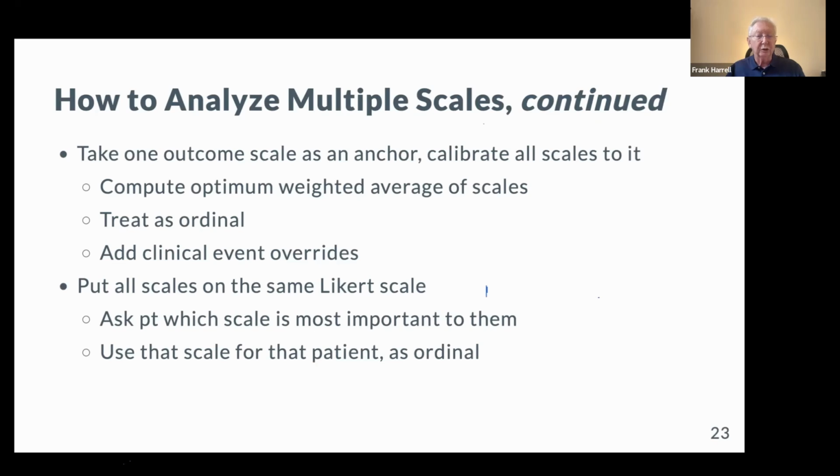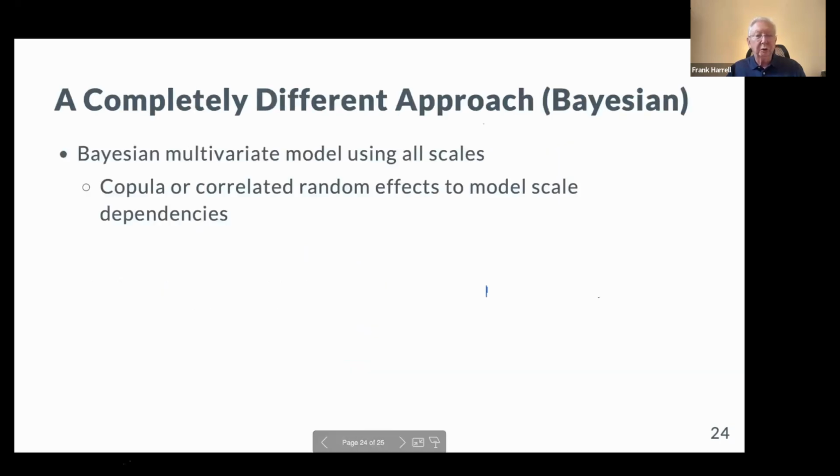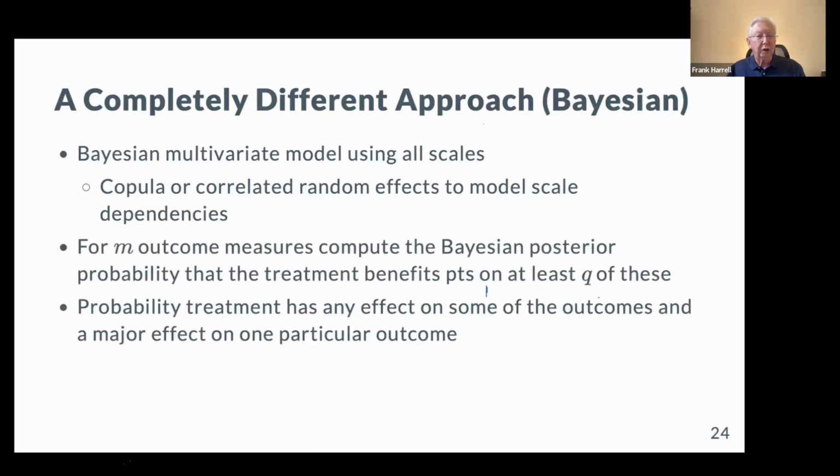This is often done in migraine headache studies where patients may value vision disturbance versus headache versus nausea differently, and they pick the symptom that's important to them, and then you rate on a Likert scale 1 to 4 on that symptom, which becomes their outcome, and every patient has a different outcome pulled together. Kind of a wild idea, but I think the Bayesian approach is going to ultimately be more logical.